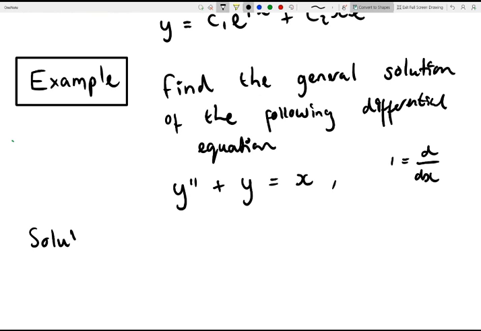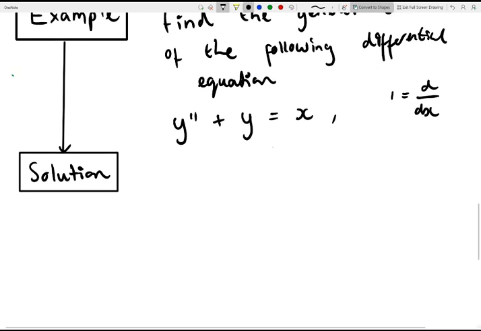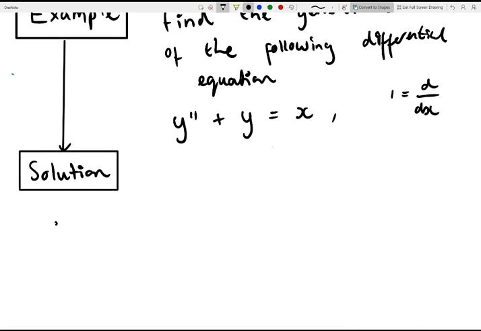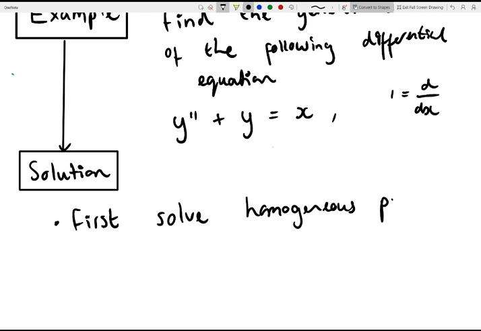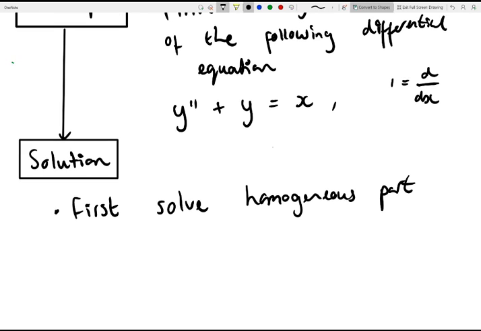And let's write down the solution to this. Okay, so first of all, we know what we're doing. We want to solve the homogeneous problem, or the homogeneous part.